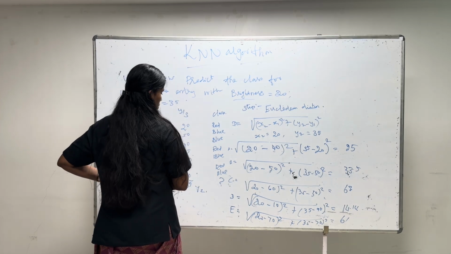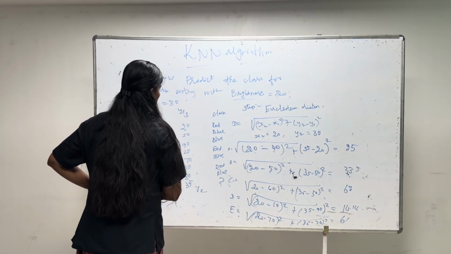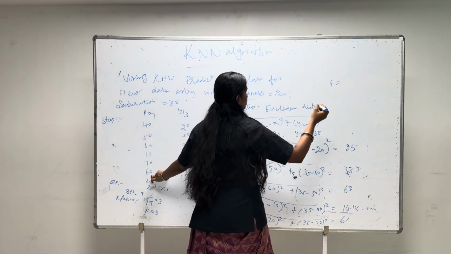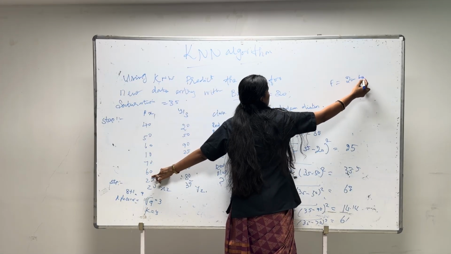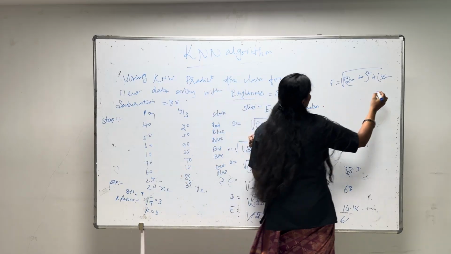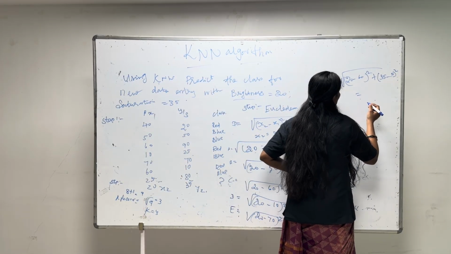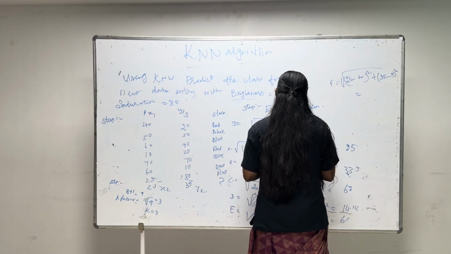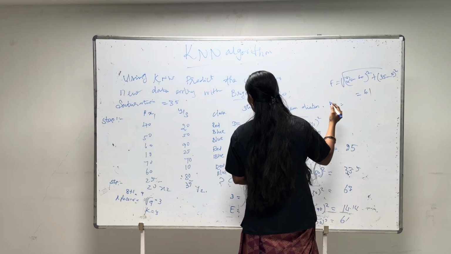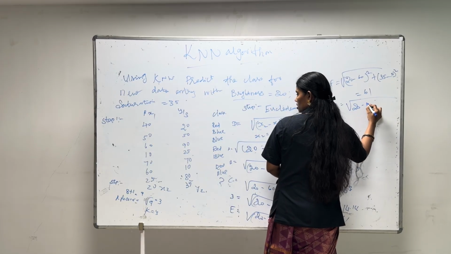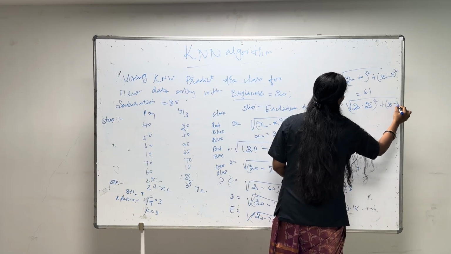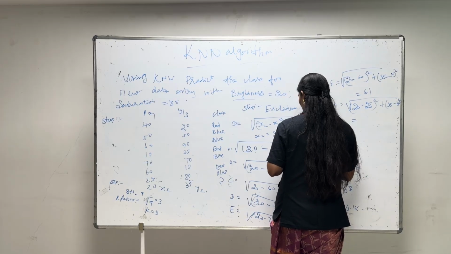So for F, the value will be the square root of 20 minus 60 whole squared plus 35 minus 10 whole squared, and the value will be 61. And for G, we are going to calculate 20 minus 25 whole square plus 35 minus 80 whole square. The value will be 47.